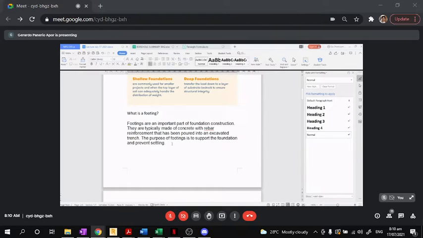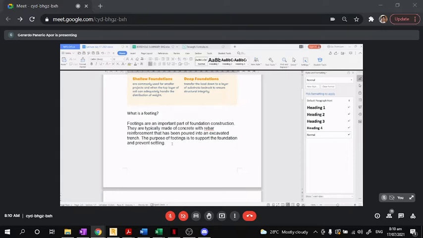So, if your building is heavy and you do not design the size of the footing, there is a tendency that it will settle, up to its equilibrium. Okay, so it is good if the building settles uniformly. What if the north portion settles more than the south portion?